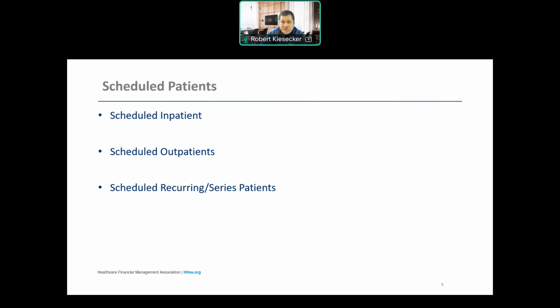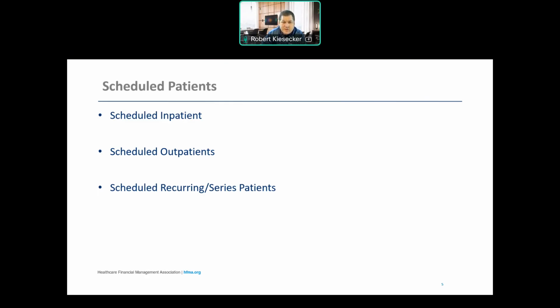Scheduled outpatients, again, we might see this in our ASCs or ambulatory surgery centers, mostly around outpatient services. This also may be somebody coming in for some sort of treatment. Maybe it's not a procedure, but we want to continue to monitor them.